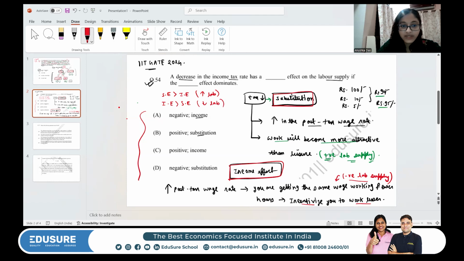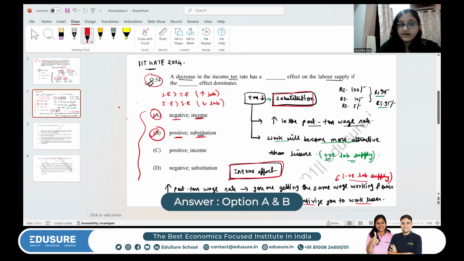Now, if you see from the options, both options A and B will be correct. There is a negative impact on labor supply if the income effect is dominant, and there will be a positive impact on labor supply if the substitution effect is dominant. So options A and B both will be right options here, and this is the logic that I have given you. So this was question number 54 from IIT GATE 2024.